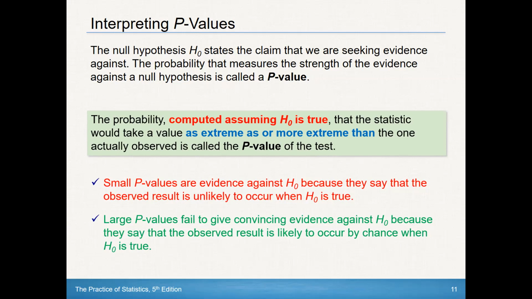Large p-values fail to give convincing evidence against H0, fail to give us an ability to reject H0, because these large p-values are implying that the observed result is likely to have occurred by chance when the null hypothesis is true. So that's kind of, again, a new way of phrasing that big picture concept that you saw a couple slides back. Small p-values, evidence against H0. Large p-values fail to give evidence against H0.